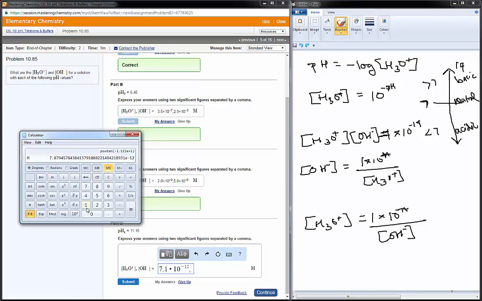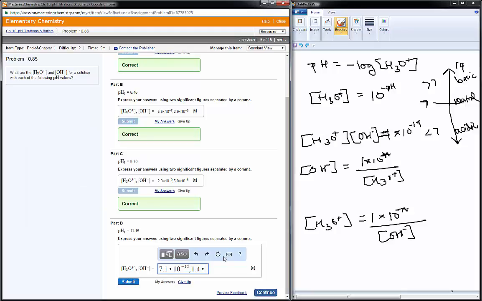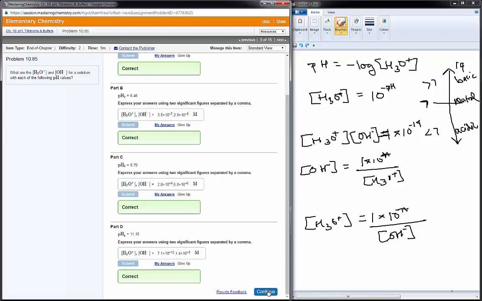So I'm going to store that and then say 1 times 10 to the -14th divided by that value, 7.1 times 10 to the -12th, gives me a value of 1.4 times 10 to the -3rd. There we go.